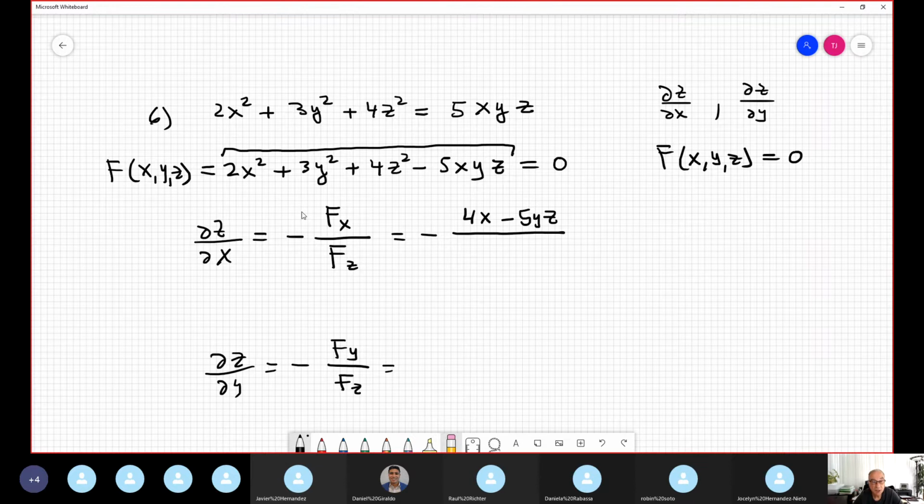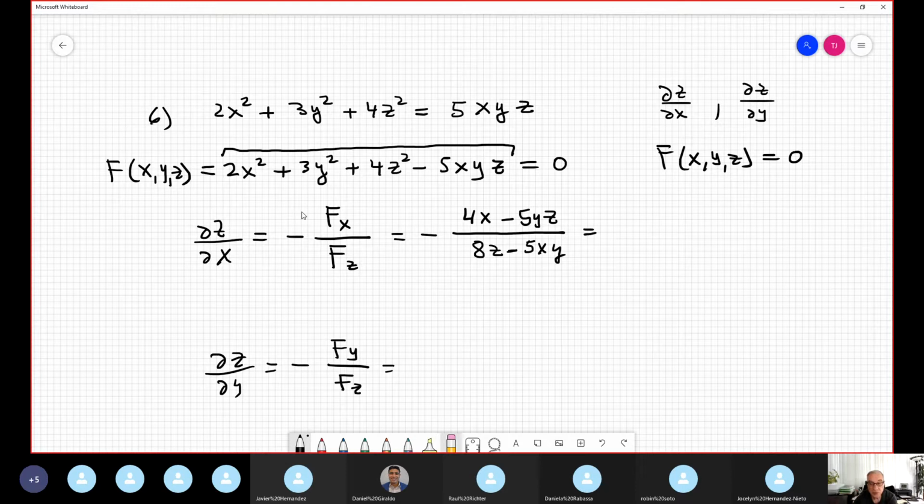Good. Now differentiate with respect to z. This is 0, this is 0, this is 8z, minus the derivative, this is only 5xy. And this is the answer, right?